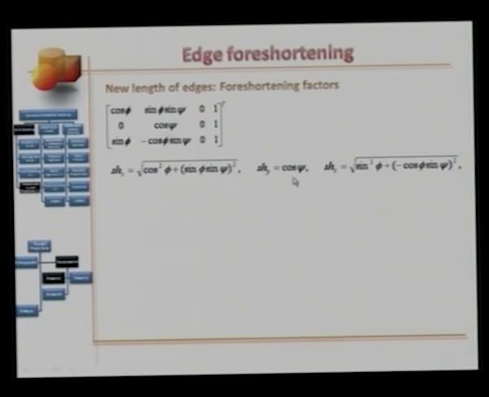The factor change in length along the z direction will be given by sh sub z, which will be equal to the square root of sine squared phi plus cosine squared phi times sine squared psi, right here, plus 0 squared, which does not appear here. So these three are the new lengths of the edges. These are the corresponding foreshortening factors along the three principal directions.